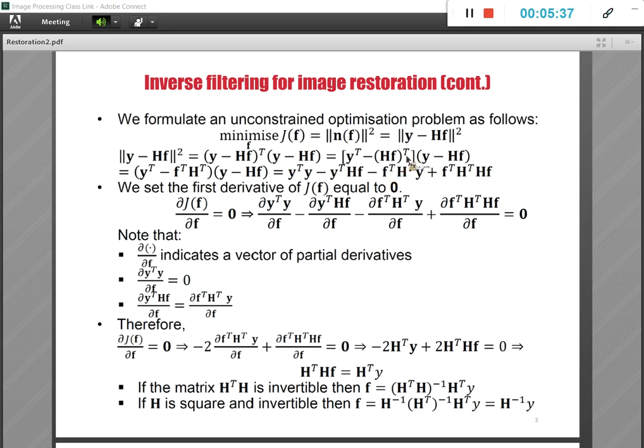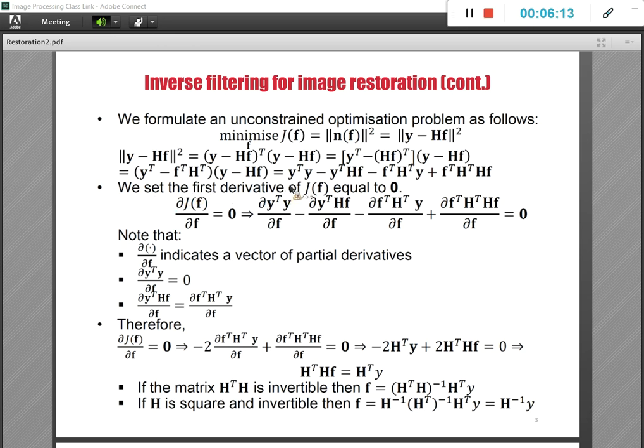But (Hf) transpose means f transpose H transpose. So here we have y transpose minus f transpose H transpose, dot the second parenthesis. Applying this multiplication, we have y transpose y minus y transpose Hf minus f transpose H transpose y plus f transpose H transpose Hf.